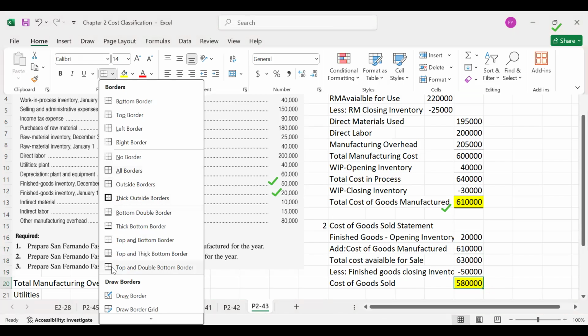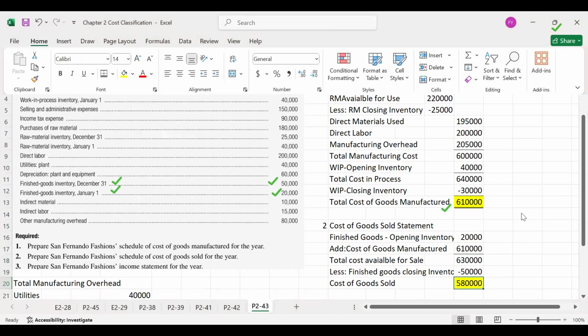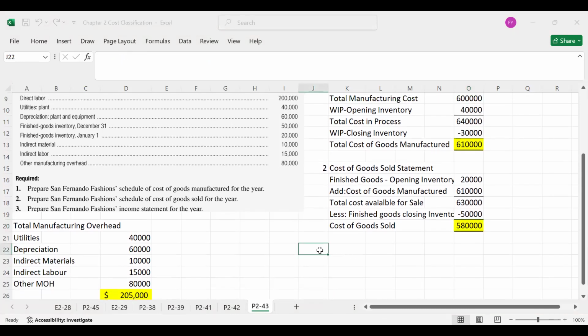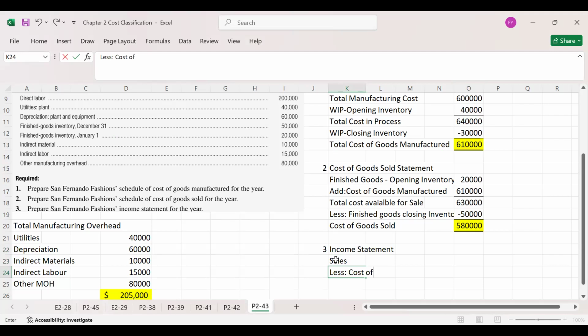The next and the last requirement is to prepare income statement. So we are going to prepare income statement. We have sales, and from sales we will deduct cost of goods sold to get gross profit.